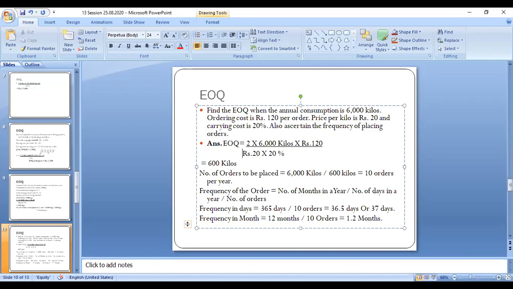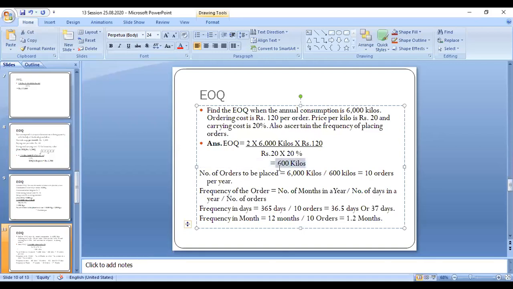The cost of placing and receiving one order is 120, and you have to multiply with the year, so 2 into 6,000 kilograms into 120. Then divide by the cost of material per unit, that is rupees 20. The percentage is given, and you multiply to get the EOQ. That EOQ amount is 600 kilos.